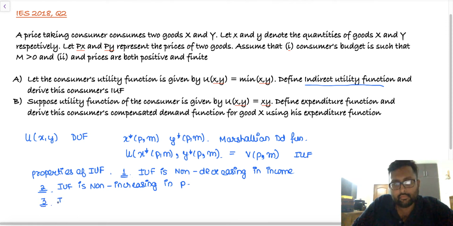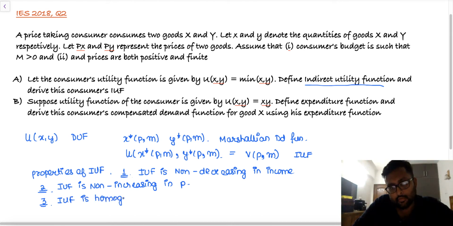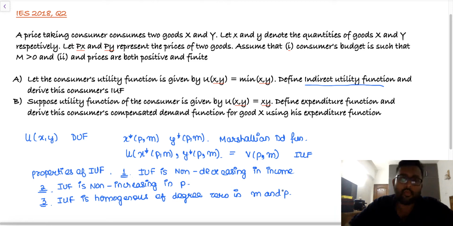Then, the indirect utility function is homogeneous of degree 0 in income and prices, right?